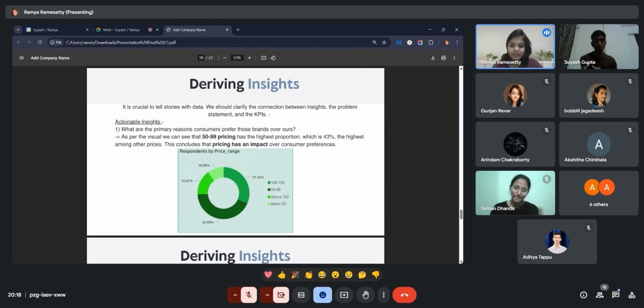As we can see, most of the respondents are interested in buying the product within the range of 50 to 99, and it is the highest proportion among other prices. So with this visualization, we can conclude that pricing has an impact over the customer preferences.